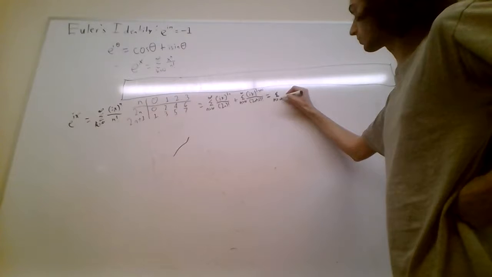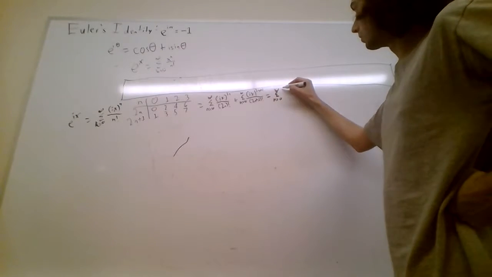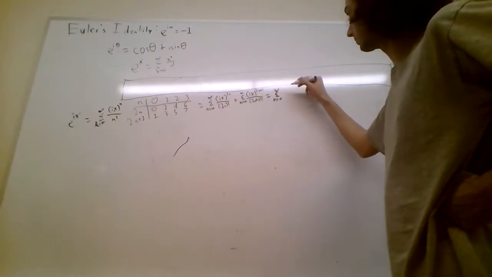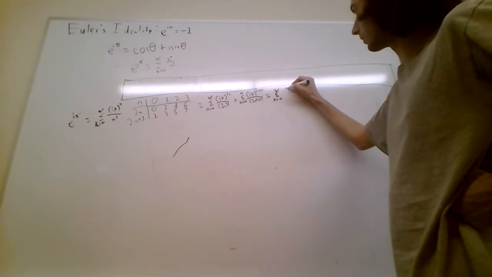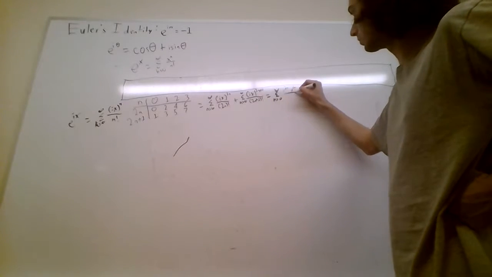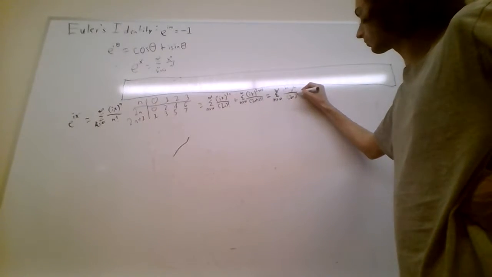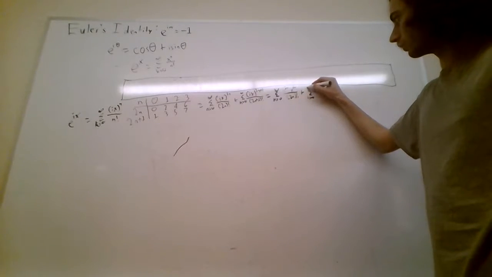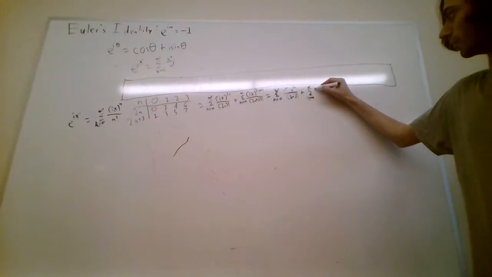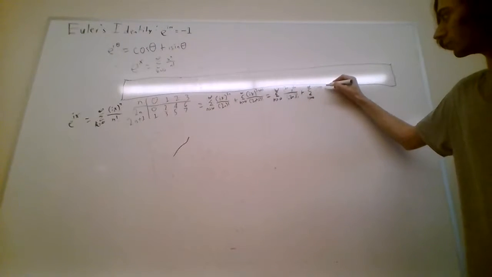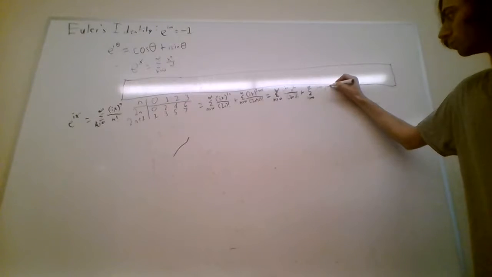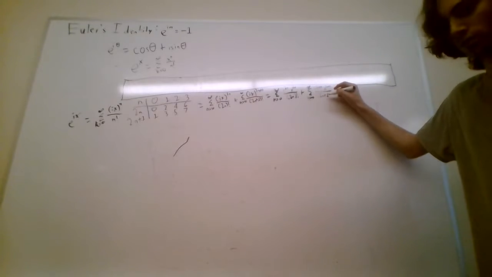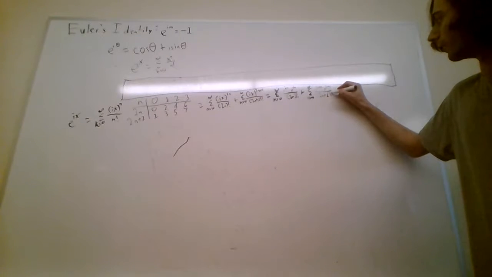Sum of n equals 0 to infinity of i to the 2n times x to the 2n over 2n factorial, plus another sum from n equals 0 to infinity of i to the 2n plus 1 times x to the 2n plus 1 over 2n plus 1 factorial.